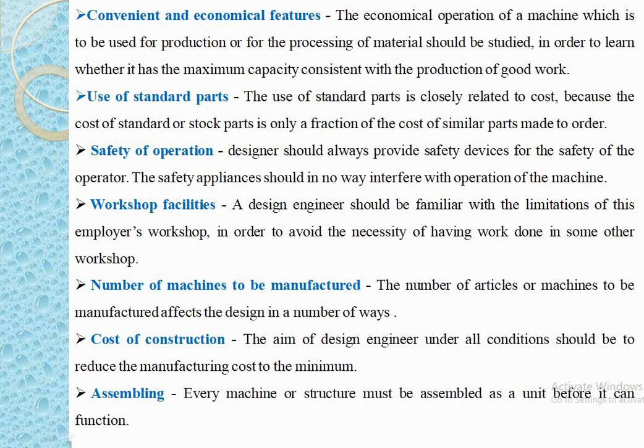If a standard shaft diameter is available in the market, then you can go for a shaft having that standard diameter. It is not necessary to design that shaft or manufacture it through machining processes. If standard nuts and bolts are available, if the standard dimensions of the different assembling components are available, then it is feasible to go for the standard components rather than making that component in your workshop.